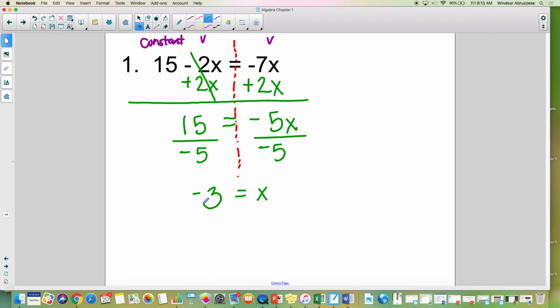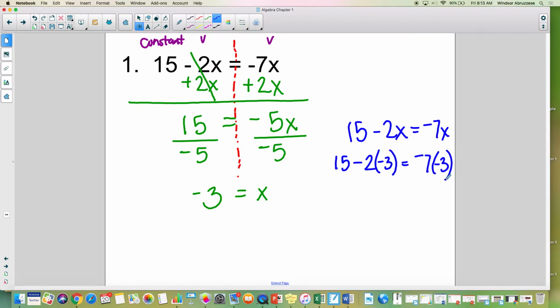Let's plug it in to check our solution so that we definitely know if we did it right or not. So we're going to write the original equation, 15 minus 2x equals -7x. And I'm going to substitute in, instead of x, I'm going to plug in my solution, which was -3, and see if it makes a true statement.